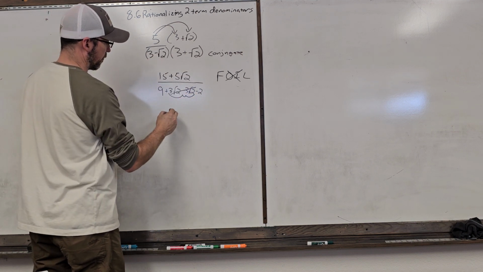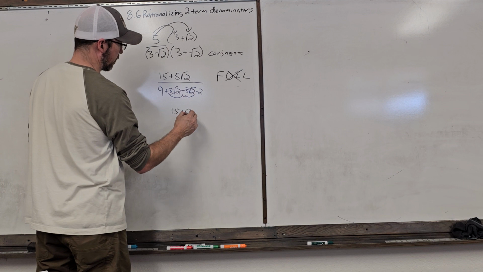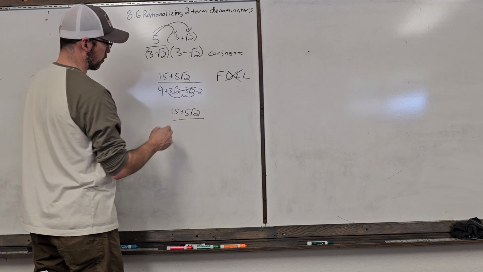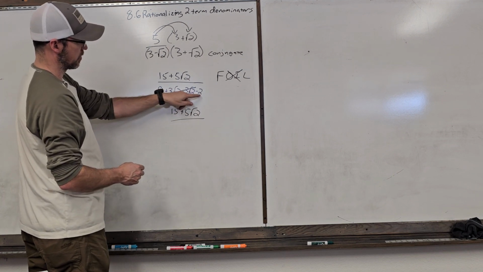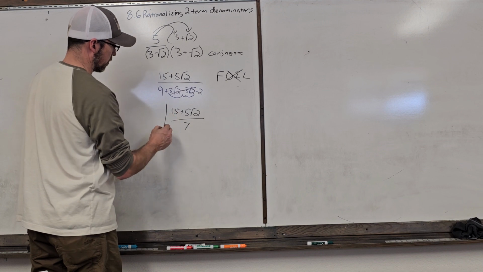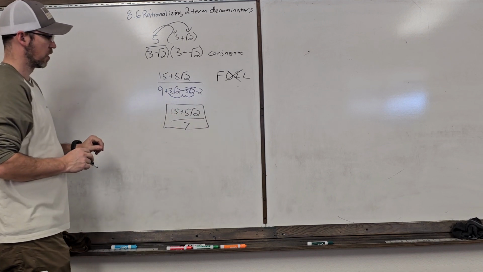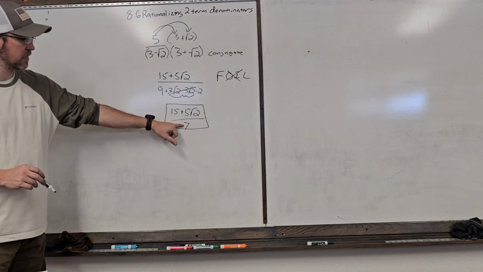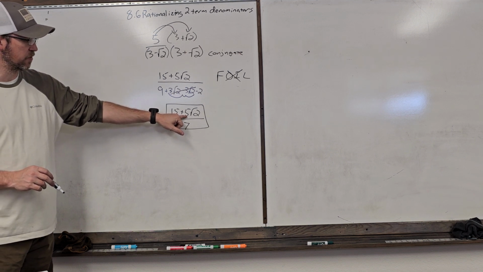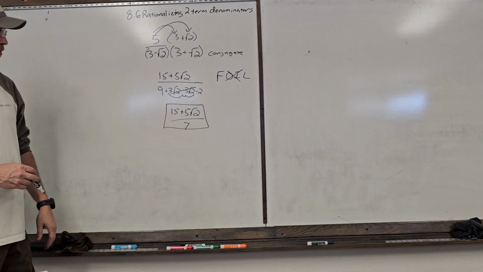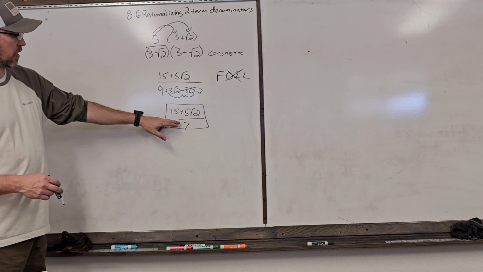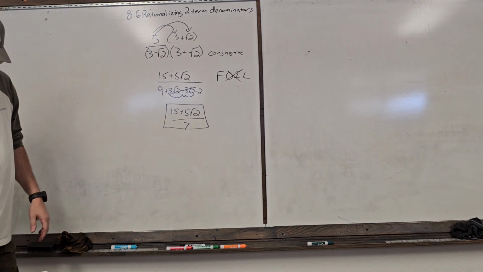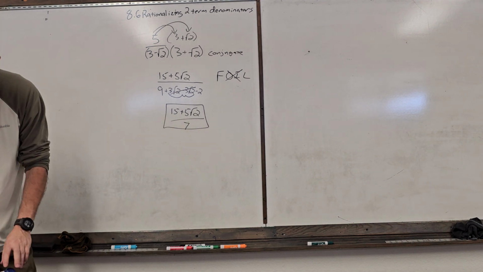Up here I get 15 plus 5 square root of 2 over 9 minus 2 is 7. All right. If that 7 had something in common with this 5 and that 15, I'd have to reduce that fraction. But because they don't, I can't. So that's as far as we can take that one.